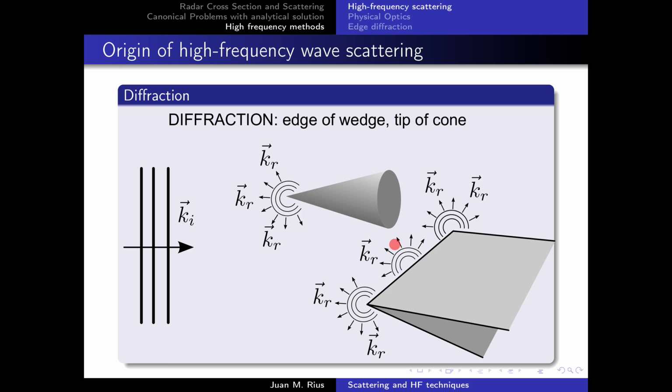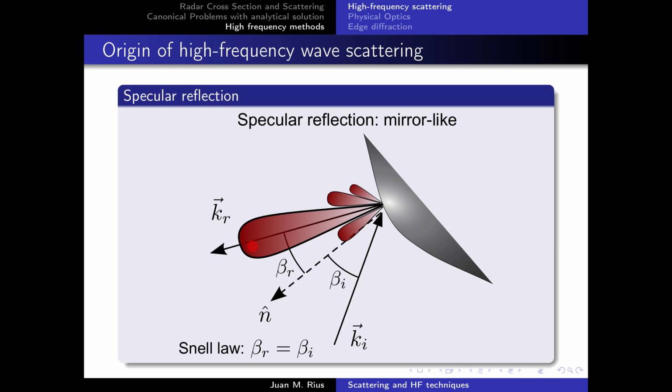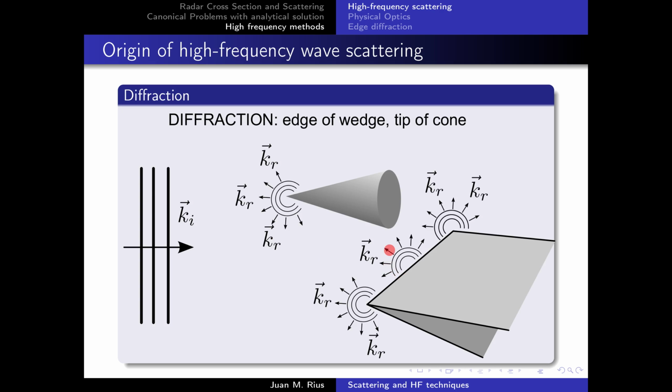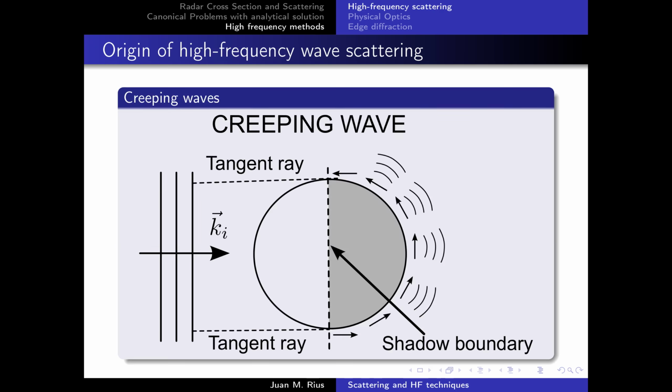There is no longer a single main reflection direction given by the maximum of a very narrow scatter field beam, but there is a spread of the scatter field in many directions, and this is important. We will address this topic later, in the last part of this section dedicated to high frequency methods.